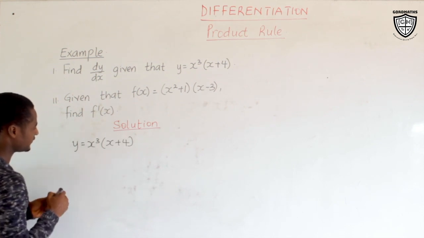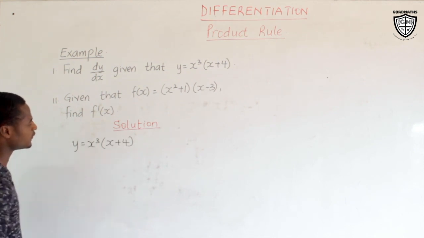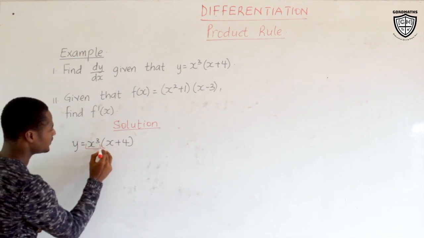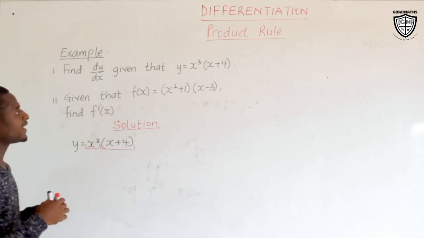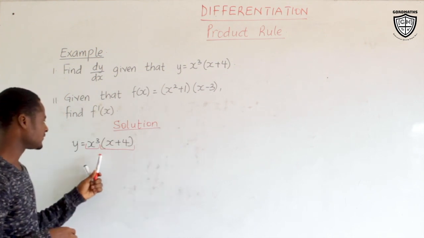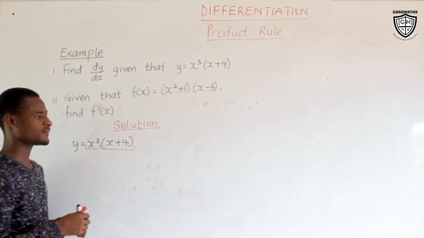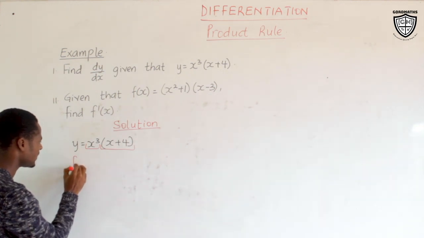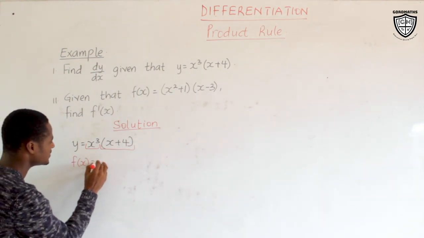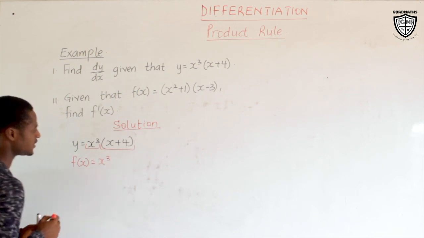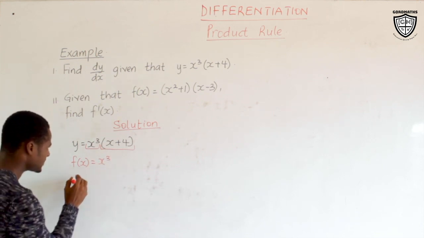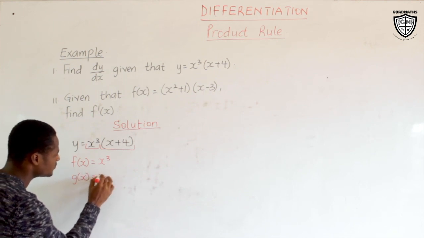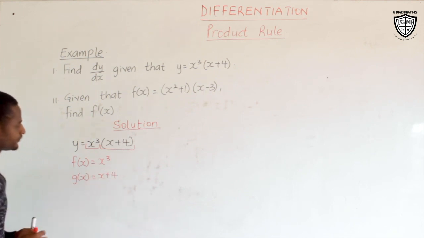Since this function is a product of two other functions, then we can apply the product rule in finding the derivative of this function. Let's say the first function is f of x, and that is equal to x raised to the power 3. And the second function is g of x, which is equal to x plus 4.